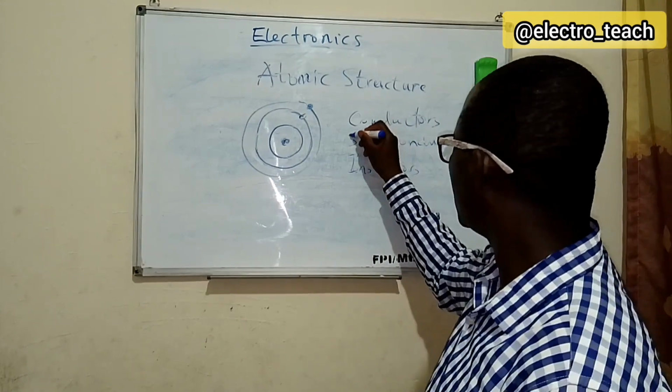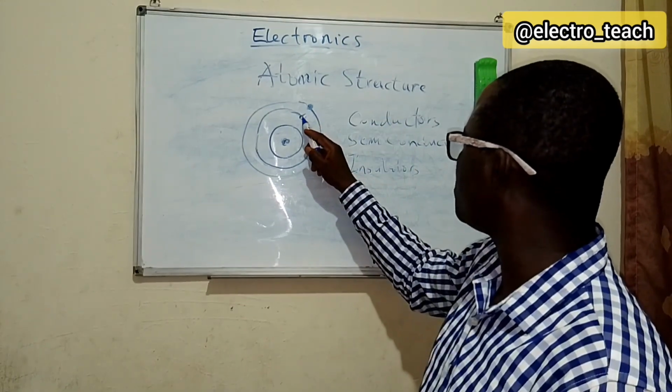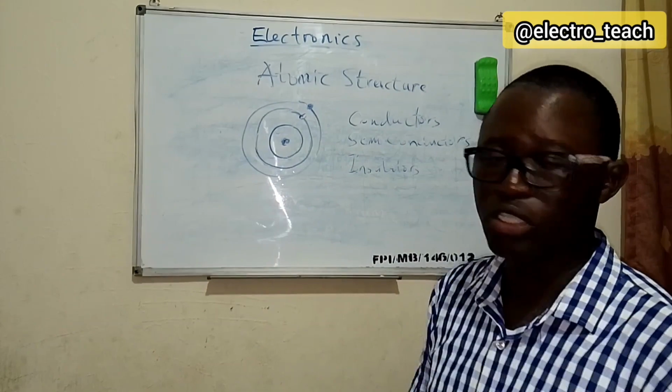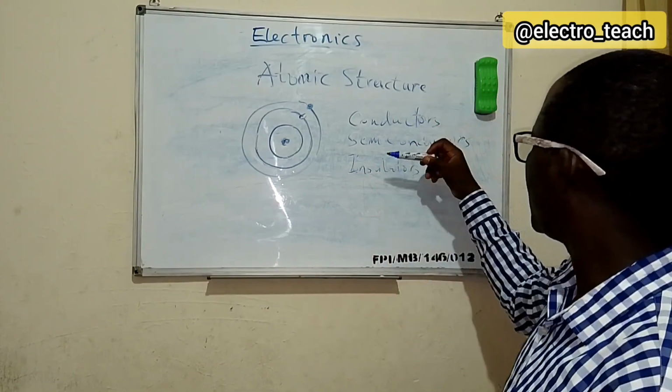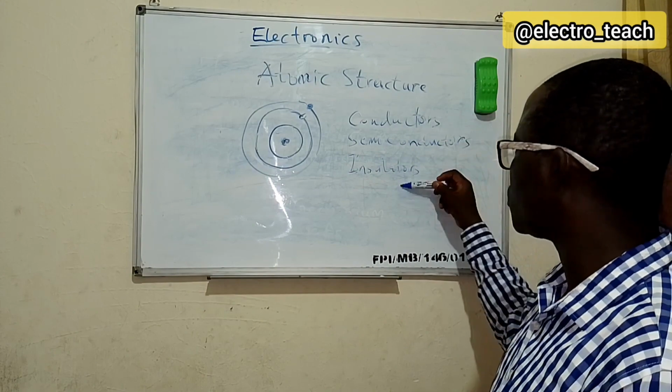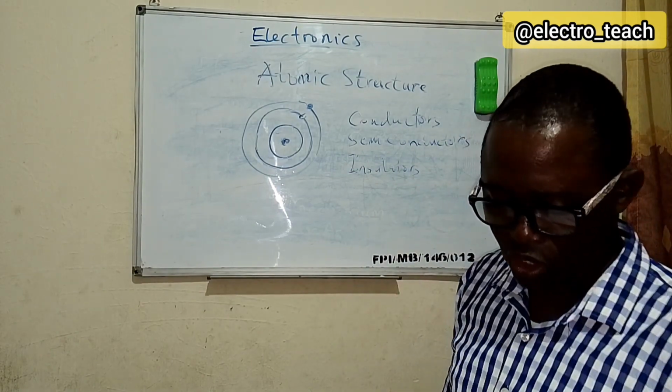So the manner in which the electron is bound to the nucleus determines the type of material we have, whether it is a conductor, a semiconductor, or an insulator.